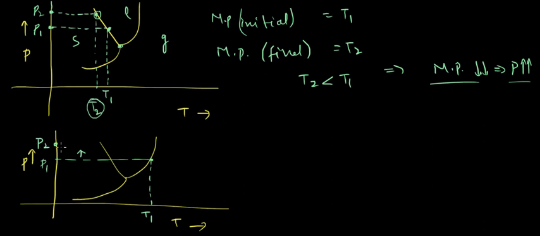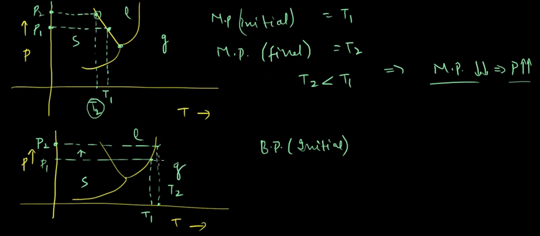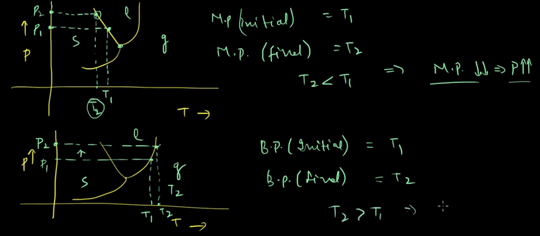At P2 pressure we would have T2 temperature. Initial boiling point was the temperature at which liquid and gaseous phases are in equilibrium, so it was T1 and the final boiling point would be T2. As T2 is greater than T1, this implies that boiling point increases as pressure increases.